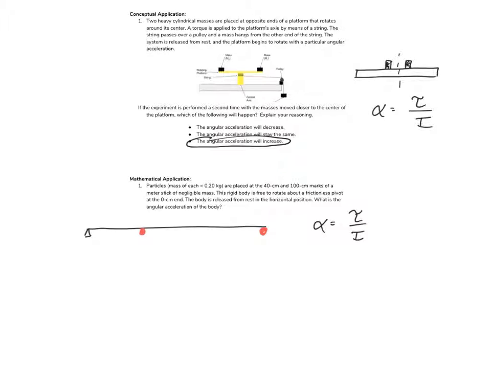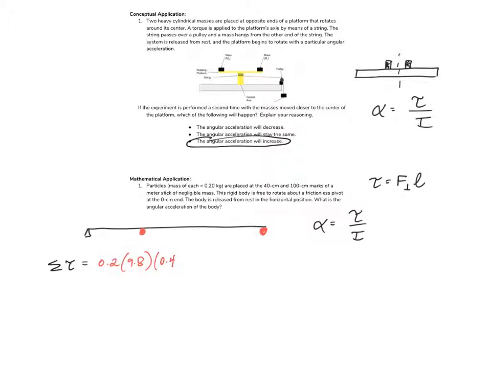So just to start, let's pick one of these. Let's start trying to find the torque. Remember that torque is force perpendicular times the lever arm. The force acting on these two masses is the force of gravity. So the sum of my torques, and the reason I'm saying sum is we have 2 torques here, is going to be equal to 0.2 times 9.8, that is the force of gravity acting on this mass, times the lever arm.